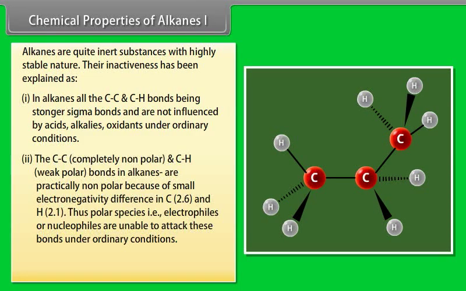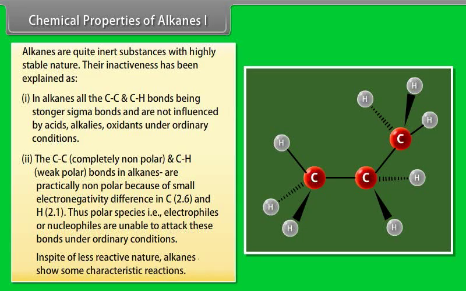Number 2: the carbon-carbon bonds are completely non-polar and carbon-hydrogen bonds are only weakly polar, because of the small electronegativity difference between C, 2.6, and H, 2.1. Thus, polar species, that is, electrophiles and nucleophiles, are unable to attack these bonds under ordinary conditions.